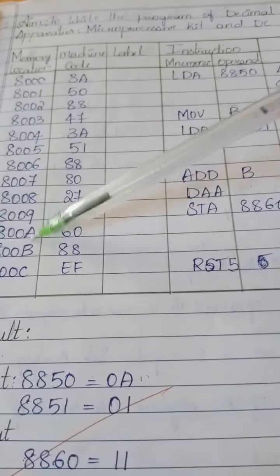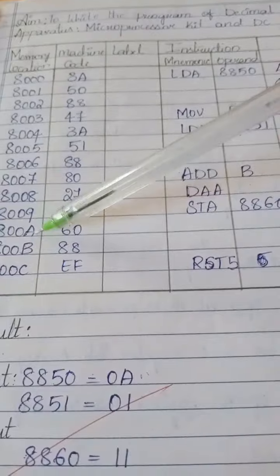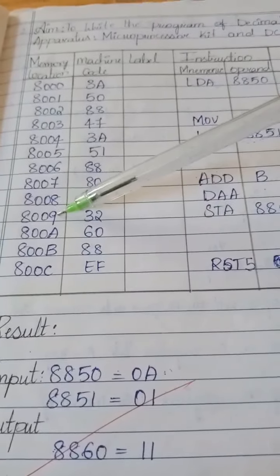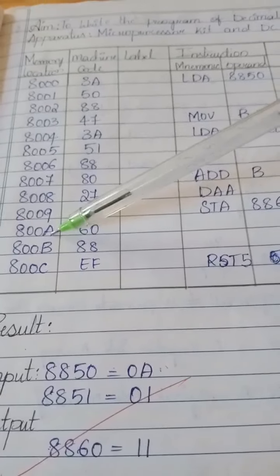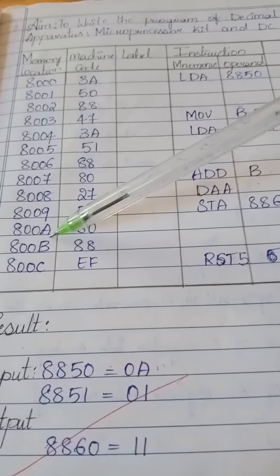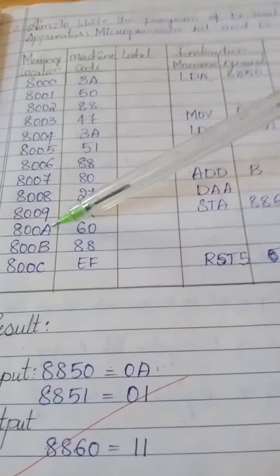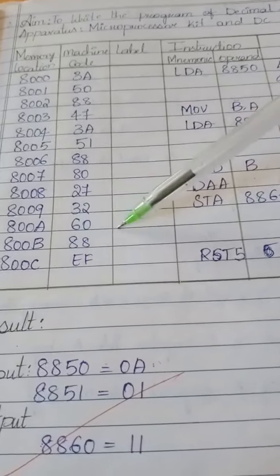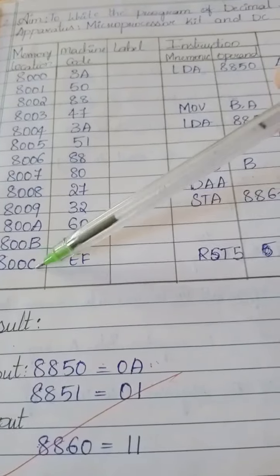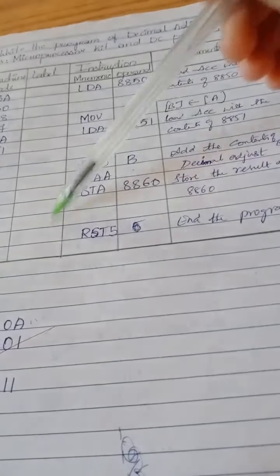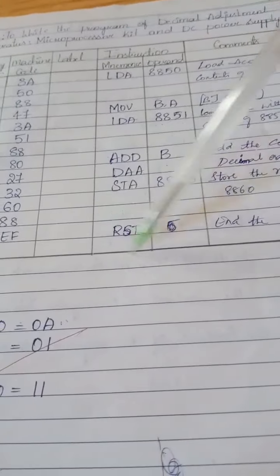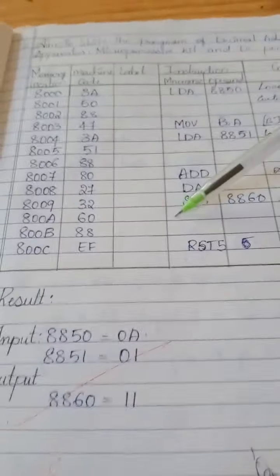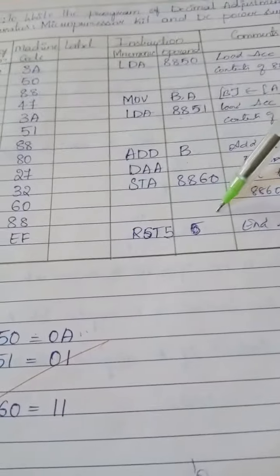Then it will take 3 memory locations, 800A, 800B. After 9 you will be writing in the form of hexa. Remember that, be careful. Then 60, 88. Then the last one is nothing but RST, the end of the program.